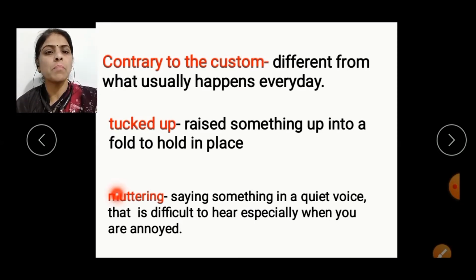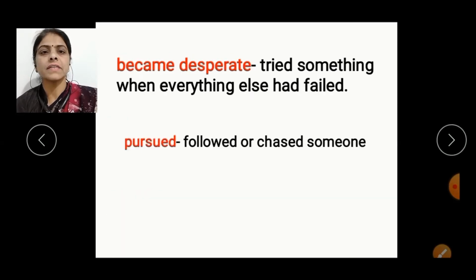After that, muttering means saying something in a quiet voice that is difficult to hear, especially when you are annoyed. After this, became desperate means tried something when everything else had failed. Next is pursued, means followed or chased someone.